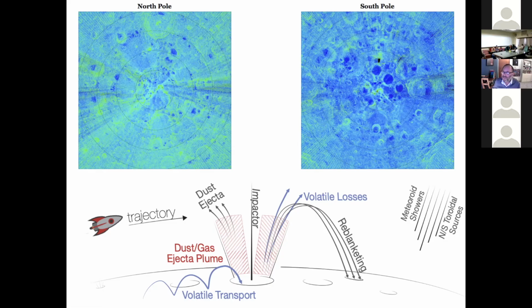However, of course, there is a curious balance of collecting volatiles and removing volatiles due to meteorite impacts. And that balance has yet to be figured out, because we don't really have a good understanding of what hits the Moon way up north and way down south. Even on Earth, that data set is much more sparse than at lower latitudes.